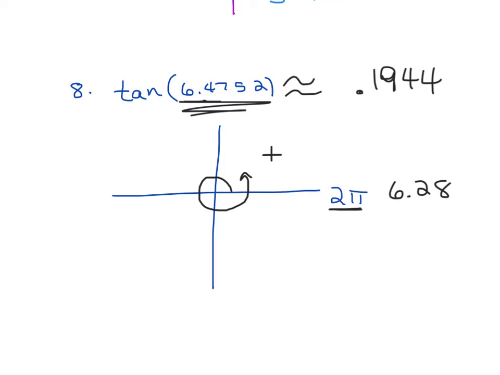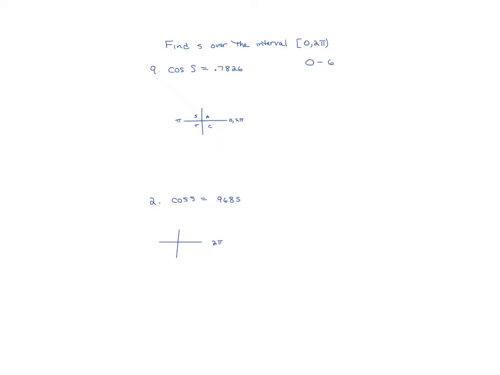Now we're going to actually do inverse function, so that second key to get the angle measure. So this one, you were given the angle measure in radians and you had to find the value. Now you're given the value and you have to find the angle measure.